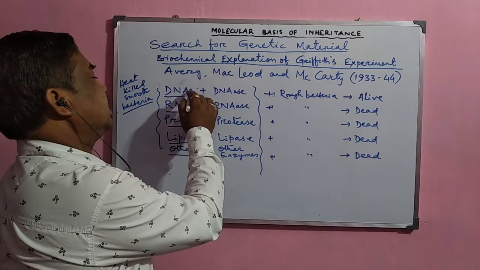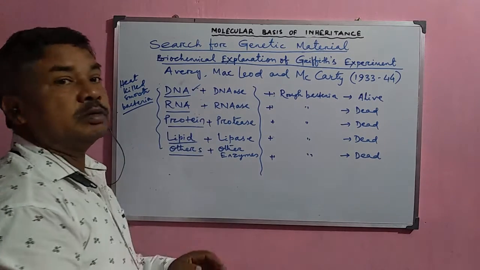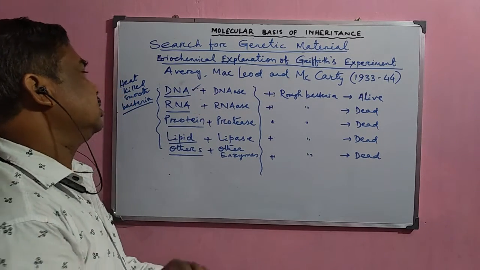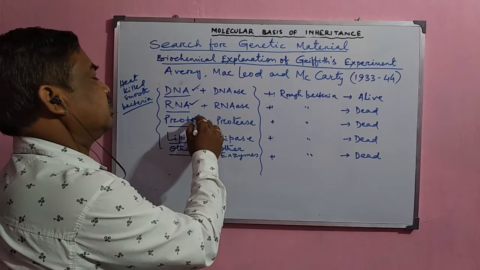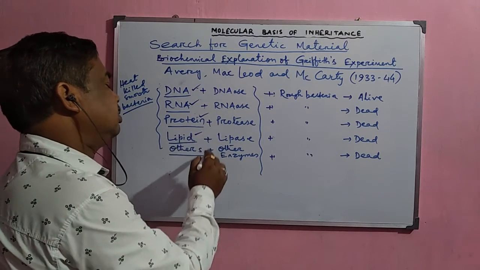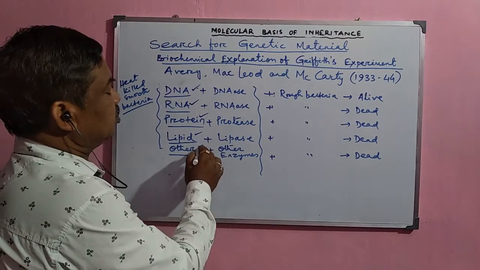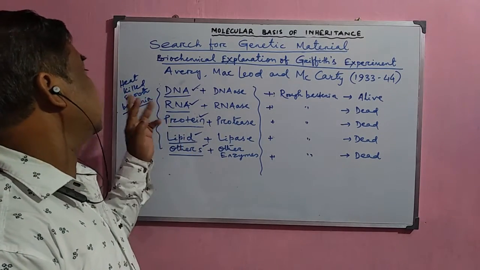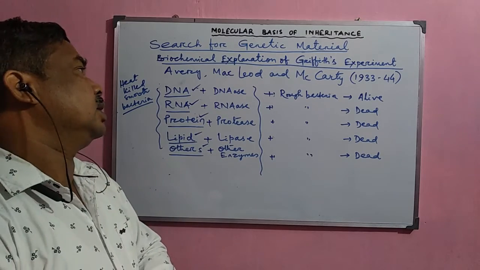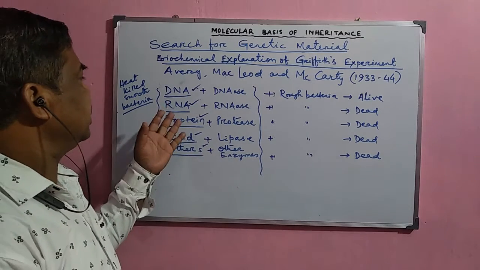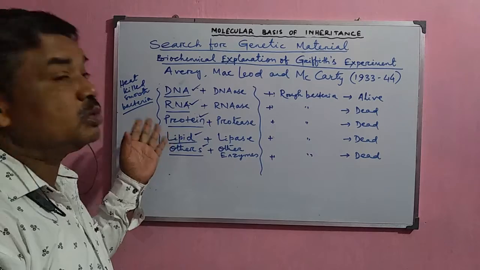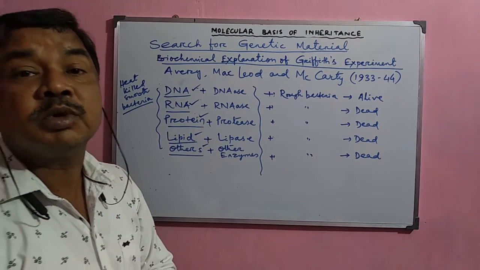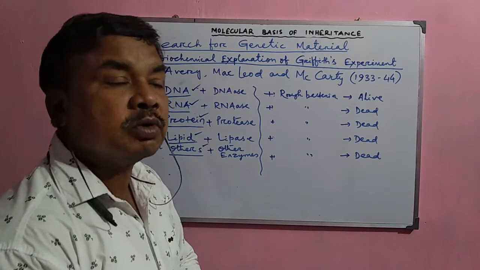According to their analysis, there were DNA molecules, RNA molecules, protein molecules and lipid molecules, and many other molecules present in the cell of the heat-killed smooth strain bacteria. They tried to analyze which molecule is actually responsible for the transformation process.